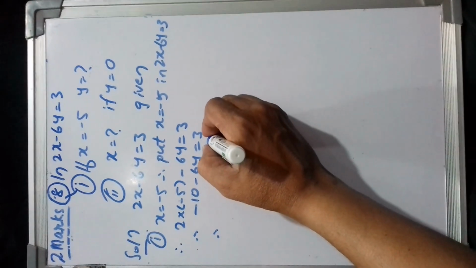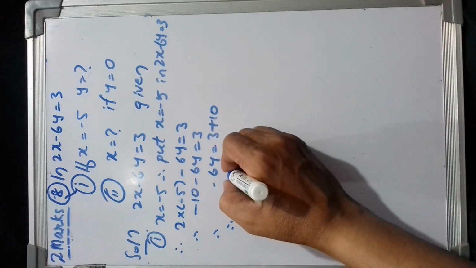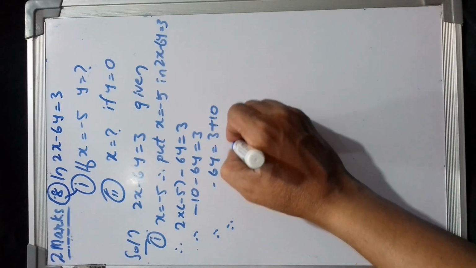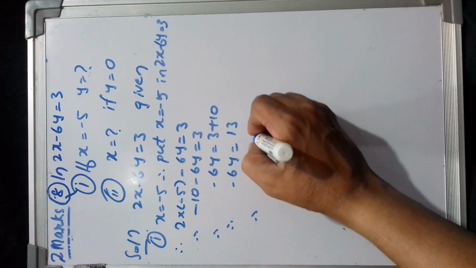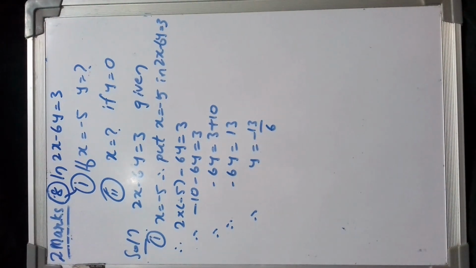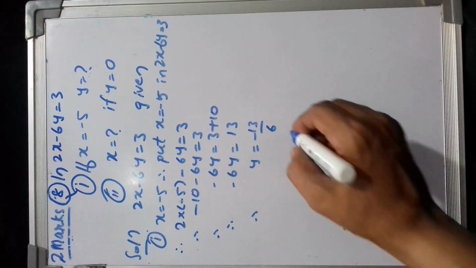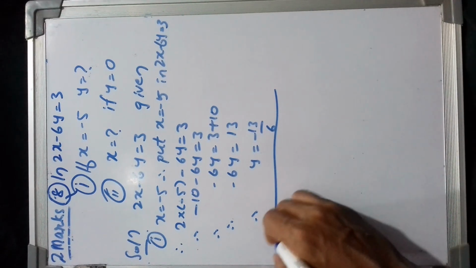In the second case, what is x if y is equal to 0? So we are going to substitute the value of x as minus 5. So this becomes 2 into minus 5, that is minus 10, minus 6y is equal to 3. So minus 6y is equal to 3 plus 10, the 10 went to the right side and became plus 10. So minus 6y is equal to 13, y is equal to minus 13 upon 6.